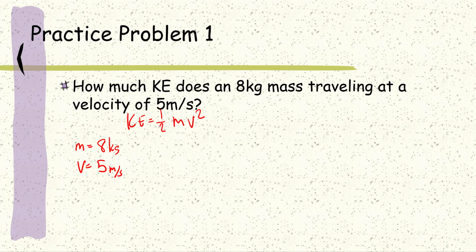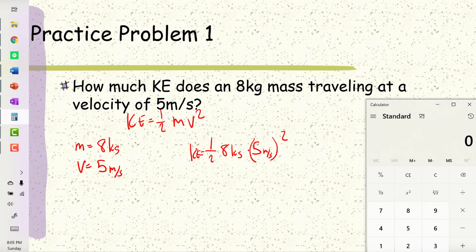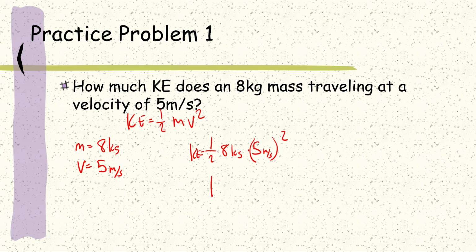I can use that equation to come up with 1/2 times 8 kilograms times 5 meters per second squared. So 1/2 times 8 times 5 squared gets me 100 joules of energy. So in this case, kinetic energy is 100 joules. Simple enough, right?